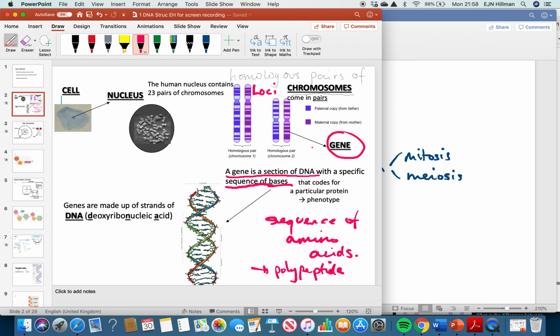Okay, so the sequence of amino acids that form the polypeptide is determined by the sequence of bases in the DNA on a chromosome. Okay, so genes are made up of DNA, deoxyribonucleic acid.